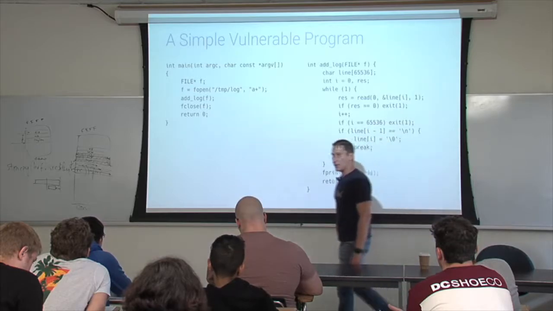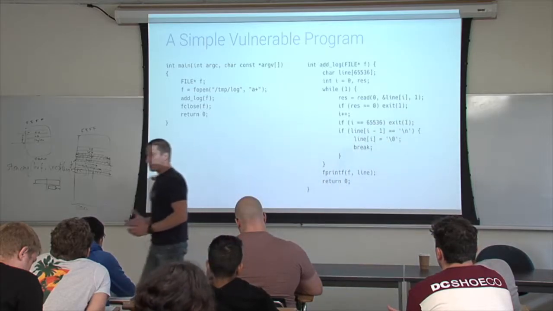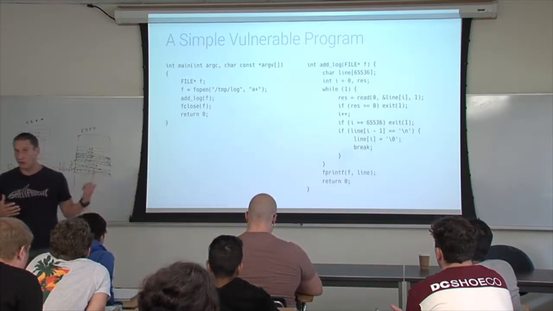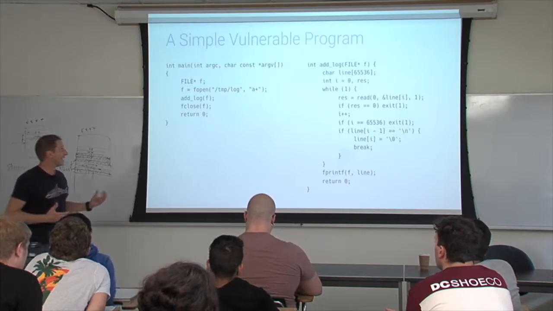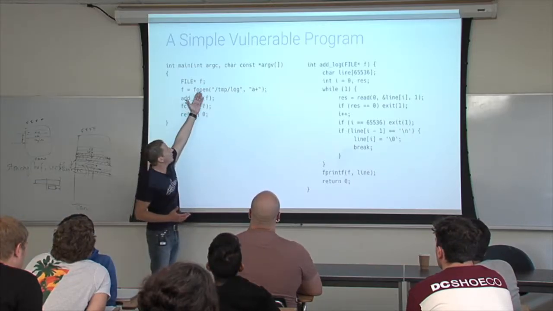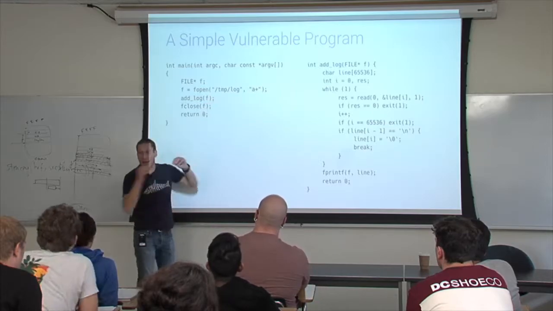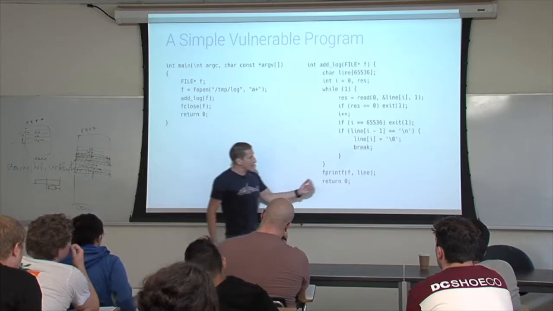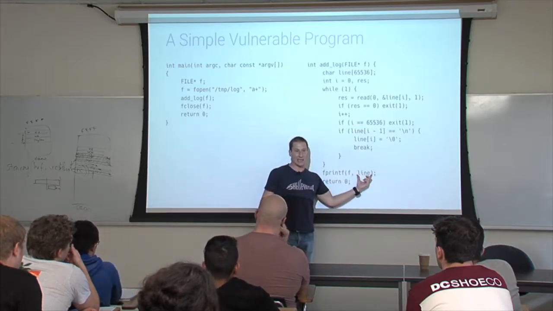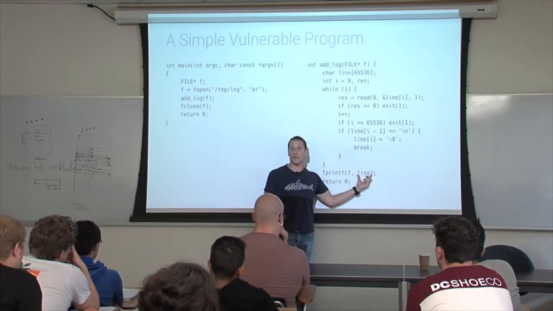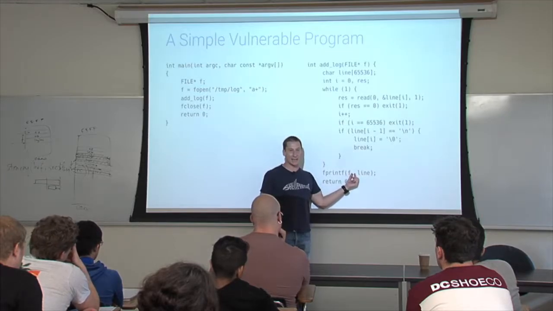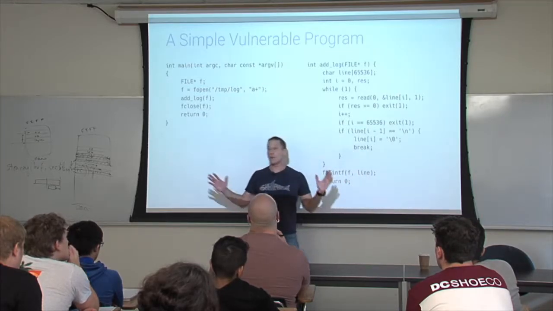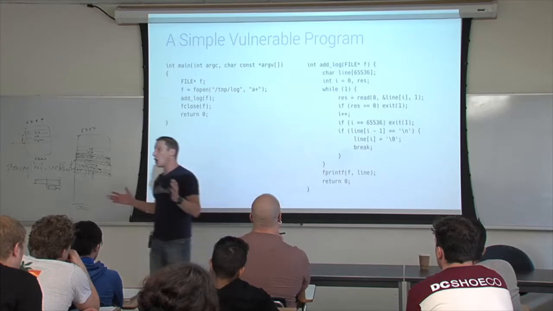Okay? And you can see that the assumption that the person who wrote this program made is that it's going to read from the standard input a line of a log and append it to a file. Okay? But the moment he prints the line as the format, if he would have printed %s, comma, the line, everything would have been copacetic and non-vulnerable.